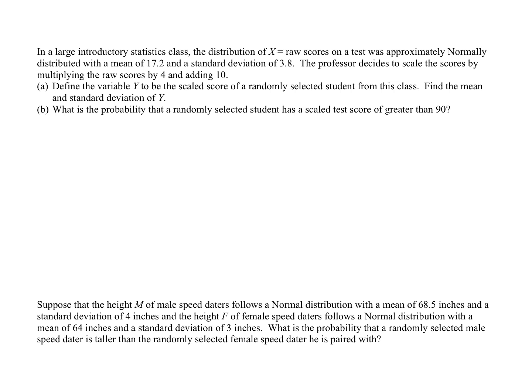Before we do A, let's write down what we know. So first thing, we know what X is, and we know that X is normally distributed. We know the mean of X is 17.2, and the standard deviation of X is 3.8. Here is what is absolutely most important.